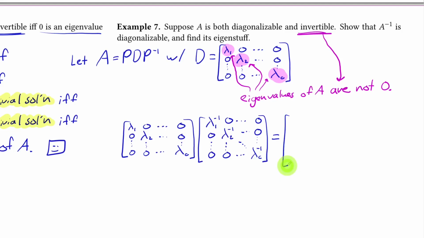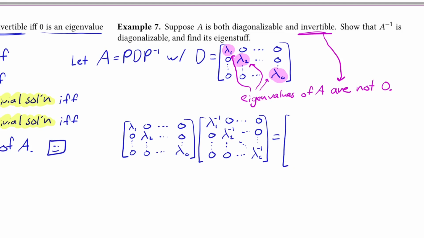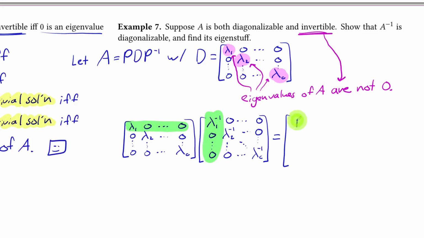Because, let's say we're using the row column rule to calculate a few entries of this. If we do row 1 of D times this thing I'm claiming is D inverse, you're going to do lambda 1 times its reciprocal, which is the number 1, plus a bunch of zeros when you keep going with the row column rule.